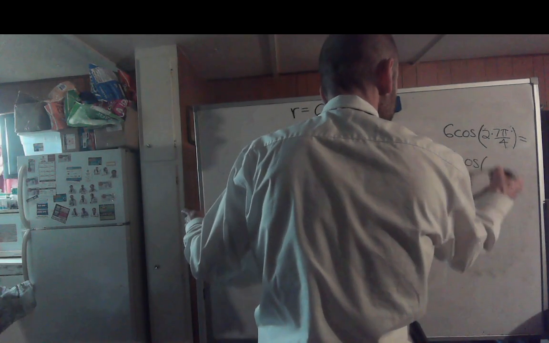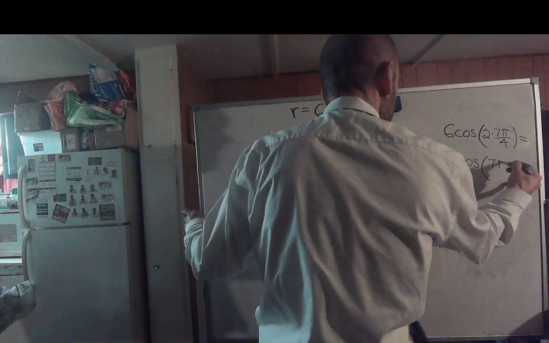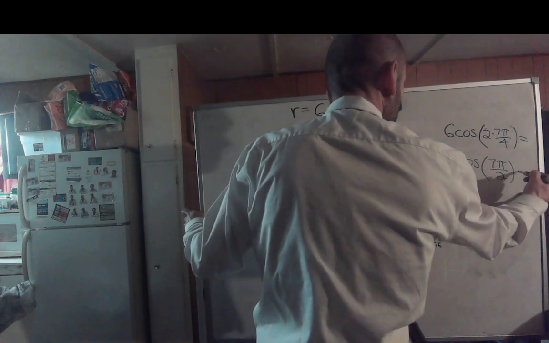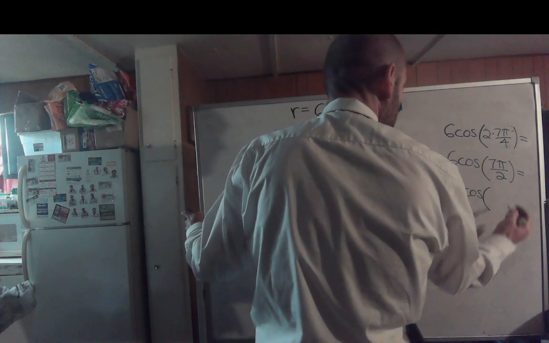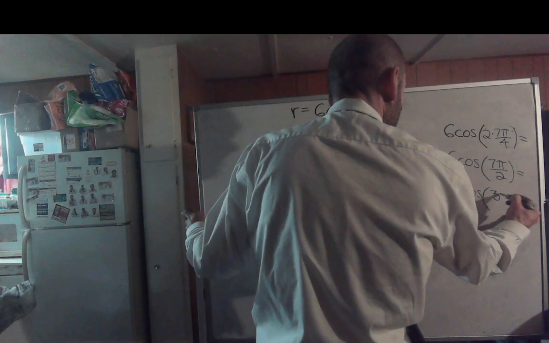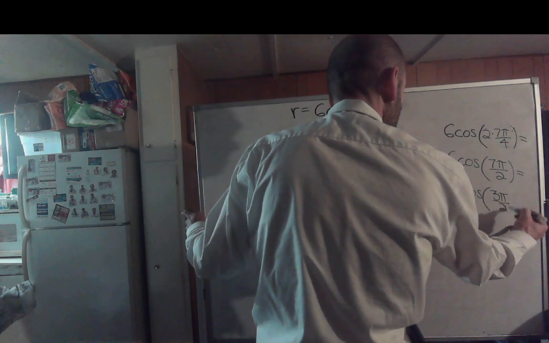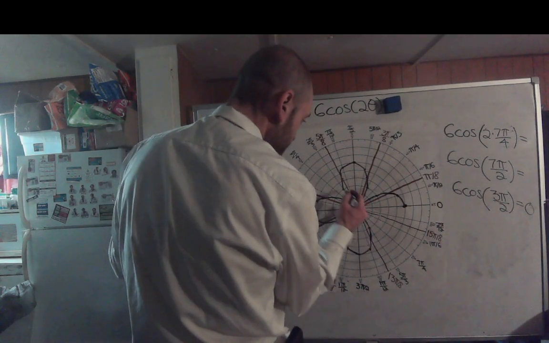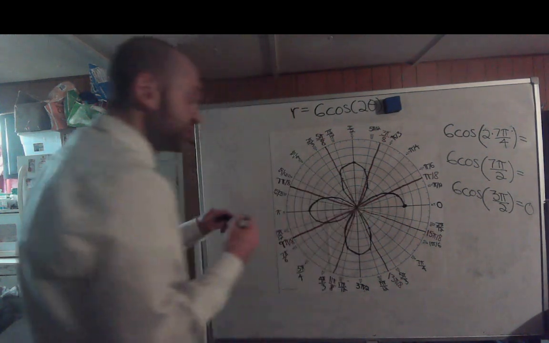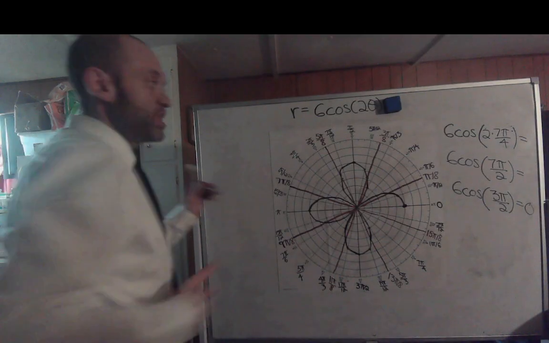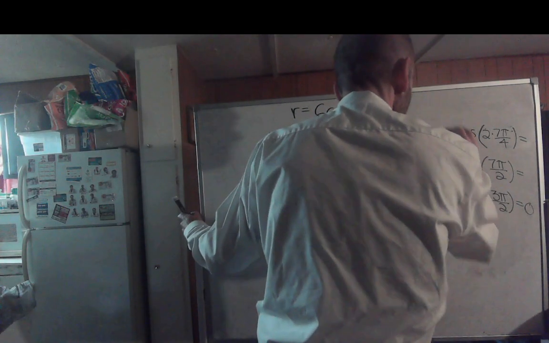So 6 times the cosine of 7 pi over 2 would be the same as 6 times the cosine of 3 pi over 2, which we know to be 0. So you'd be down to 0 right there. We're almost done. I think it's becoming obvious what shape we're going to get, but let's do the last bit of it. Let's close it out and show you how this works.